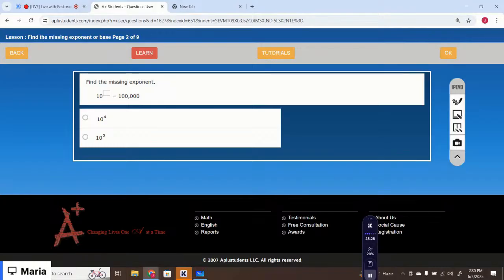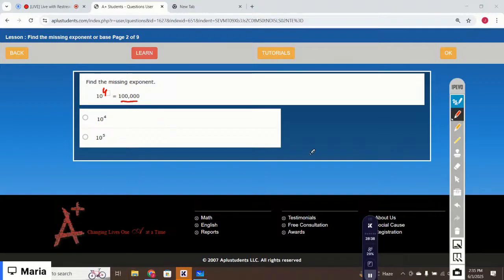Find the missing exponent. So we need to count the number of zeros. So 1, 2, 3, 4, 5. There are five zeros.